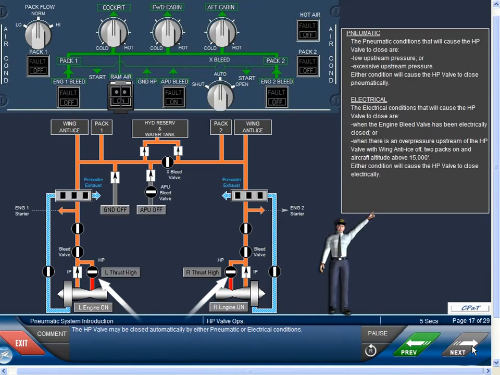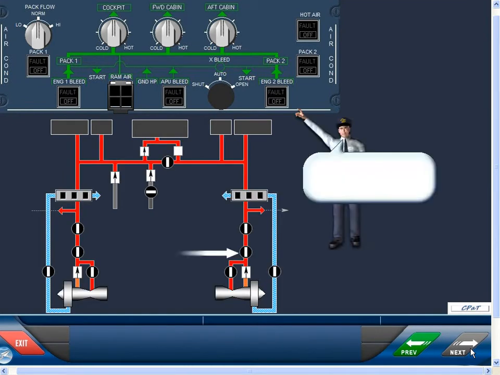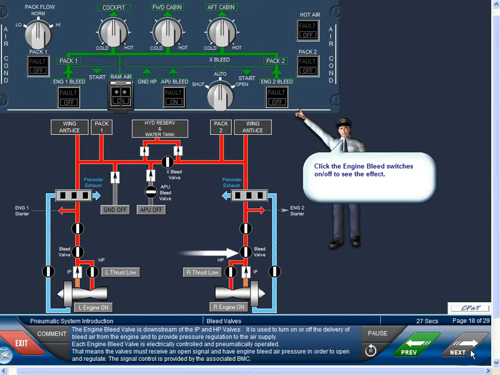The high-pressure valve may be closed automatically by either pneumatic or electrical conditions. The engine bleed valve is downstream of the IP and high-pressure valves.